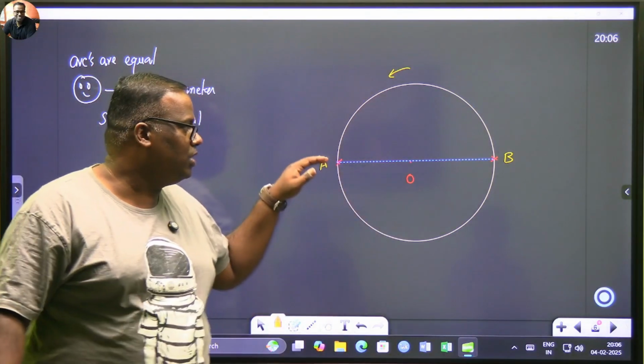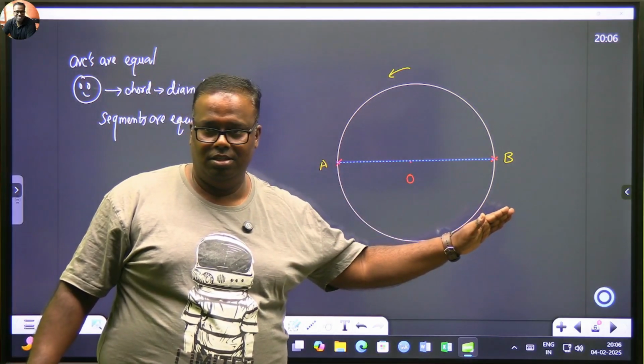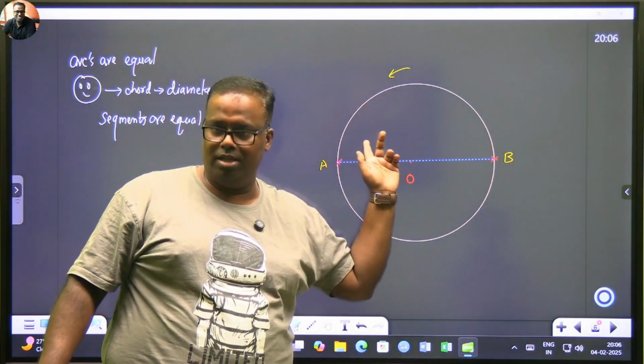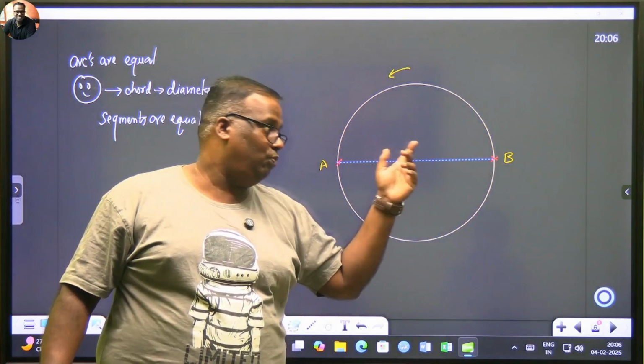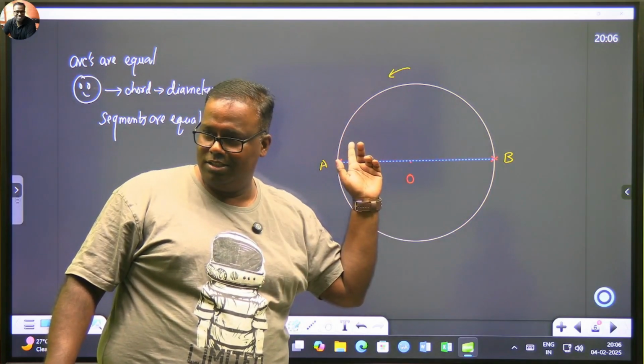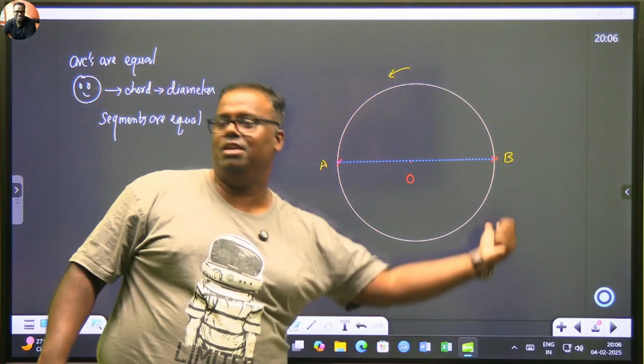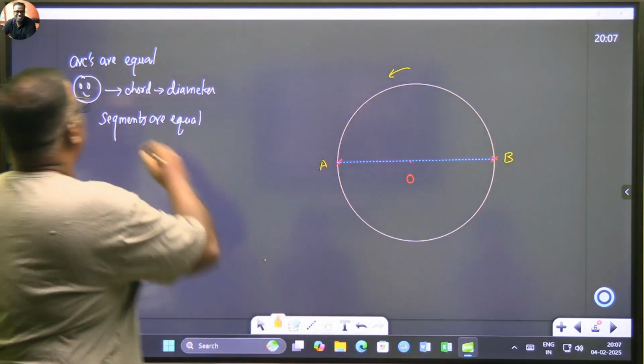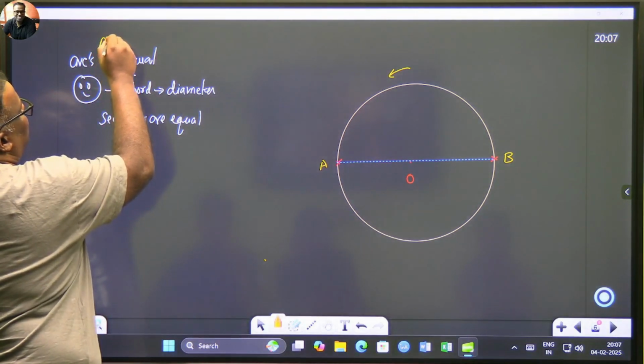Now which arc are you considering? AB. On any point on the remaining part, means remaining part is BA. And if you are considering BA as the arc, then any point is AB. So let's consider AB as our arc. It's easy for us to understand.